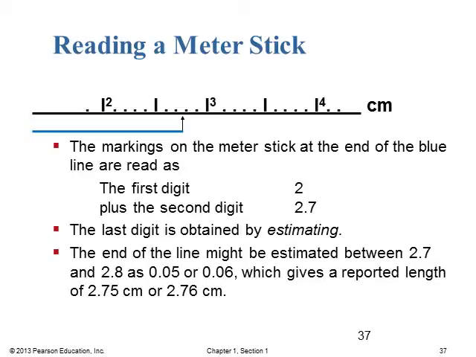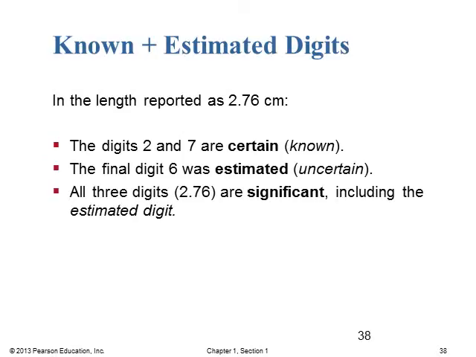And so there is some uncertainty within that 0.05 or 0.06. That last digit is an estimation, but it's an approximation and it's somewhat accurate, but we can still report it. So we call the digits 2 and 7 certain numbers, but that final digit was an estimation because there were no real lines to prove or be exact with that measurement or quantity.